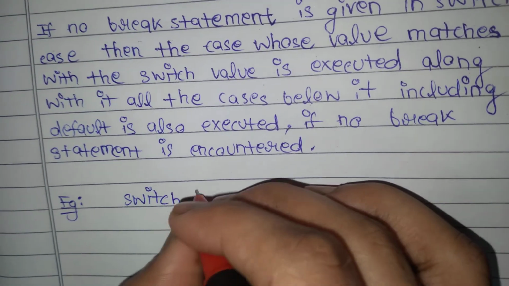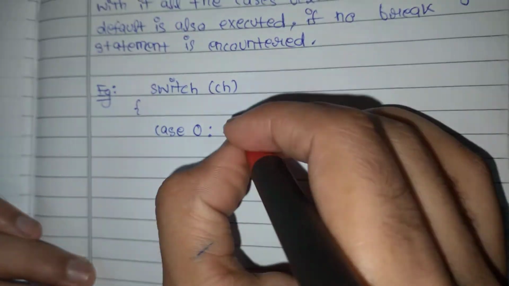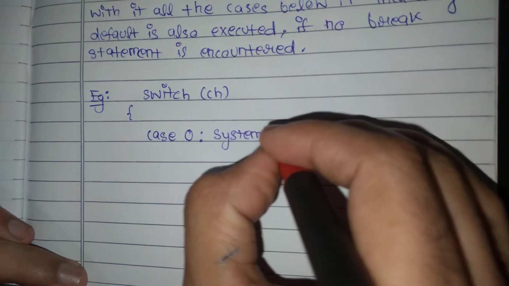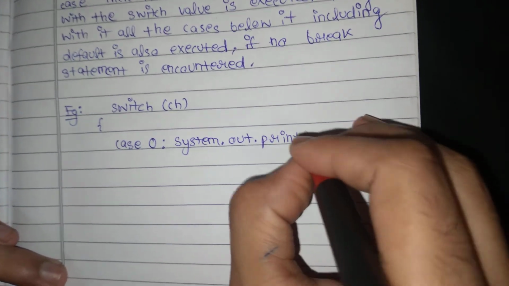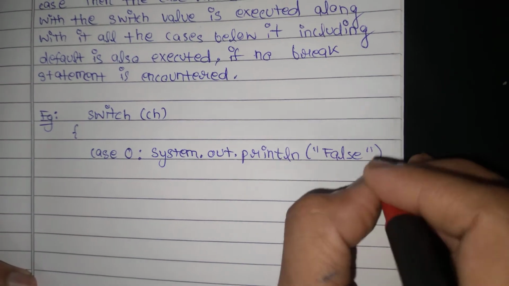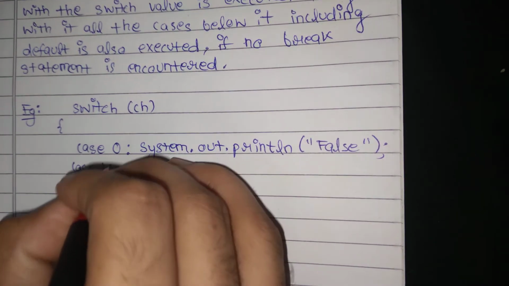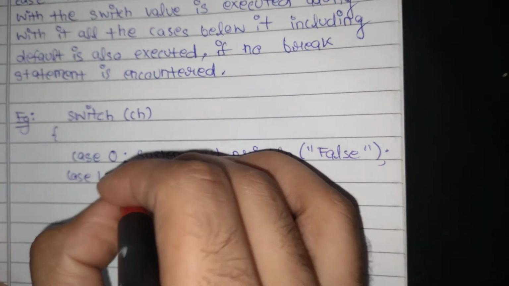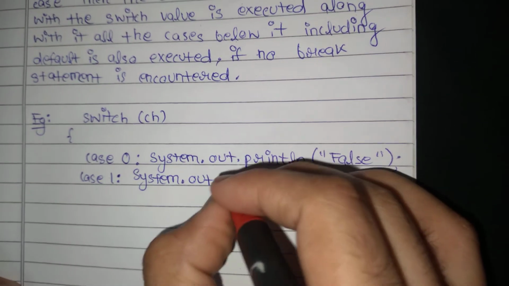Suppose I am writing only a condition, switch ch, case 0. Suppose first I give case 0 as System.out.println false. You can give anything here, but for my convenience I am giving false. Then case 1 will be System.out.println true.